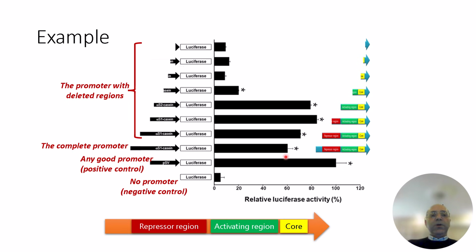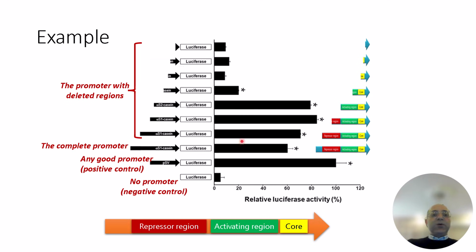Okay, then what I start to do is I start removing pieces of DNA, pieces of the promoter region. So I start removing the repressor region. What do you think would happen if I remove the repressor region? I should see an increase in expression because now there are no repressors that can bind to the promoter and inhibit expression of the luciferase gene.